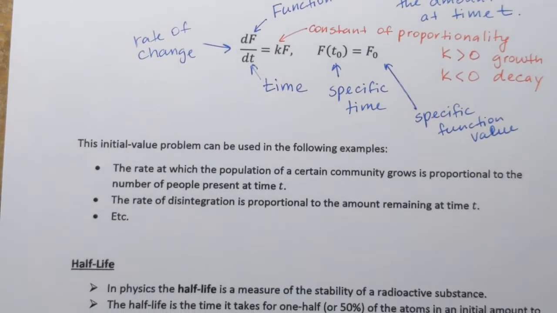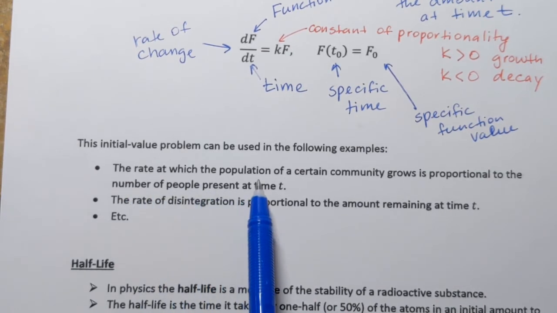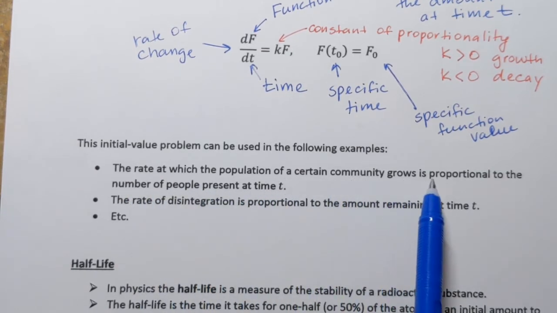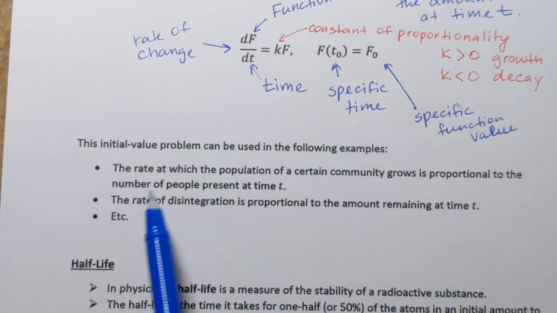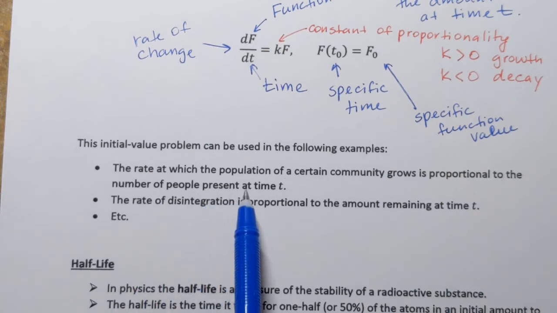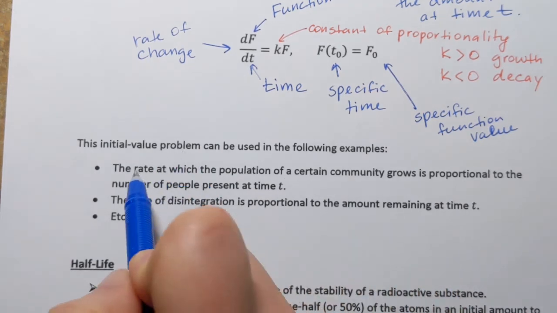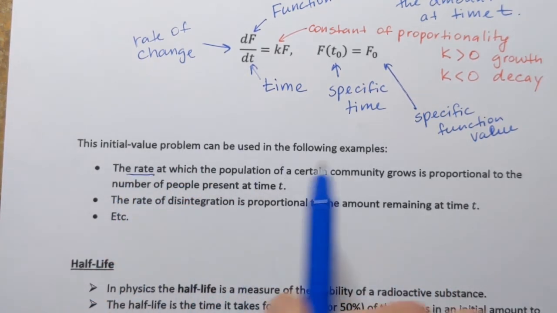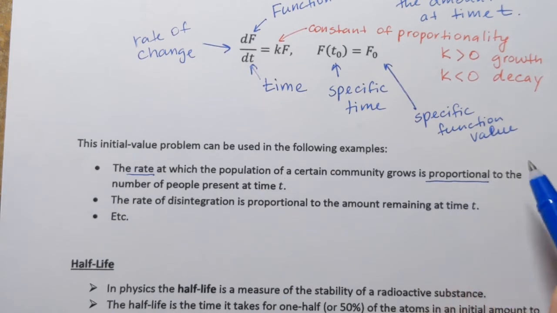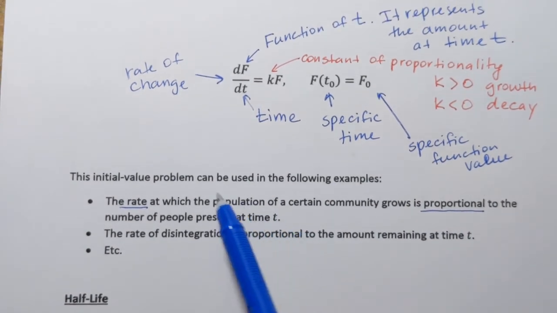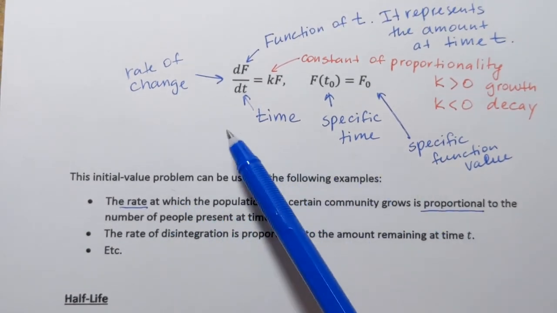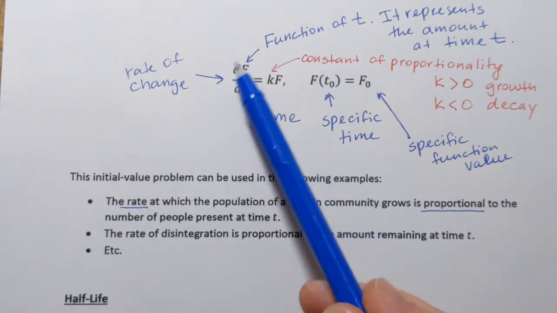So here's an example. The rate at which the population of a certain community grows is proportional to the number of people present at time t. First of all, the keywords here are rate and proportional. As I underline those keywords, I am looking at that differential equation.